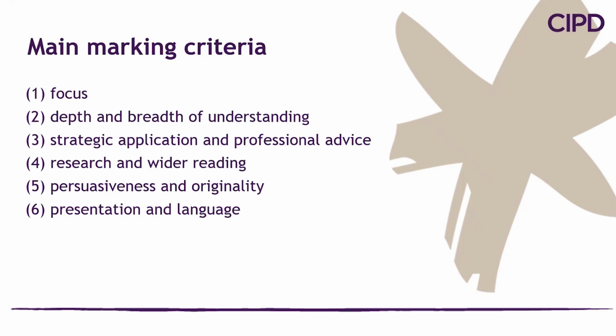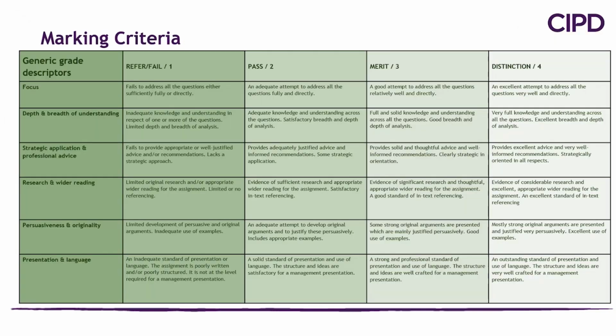So if we have a look at the grid that comes with assessments, this is the generic grade descriptor grid, and it comes with all the assessment briefs. It gives you an indication of what's required to achieve different grades: pass, merit and distinction. On the left-hand column, you've got the generic grade descriptors, which are the marking criteria.